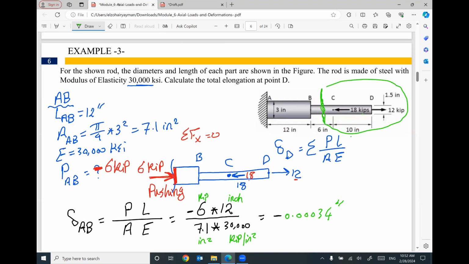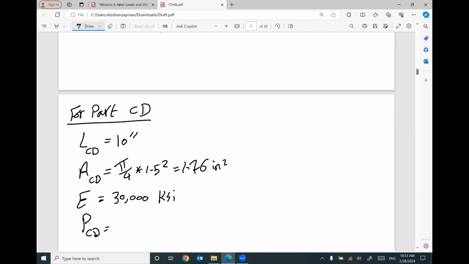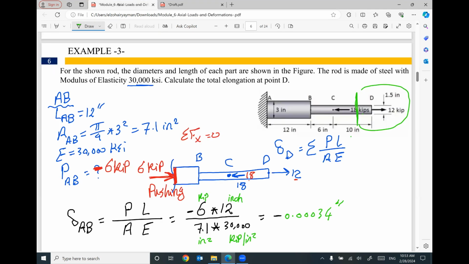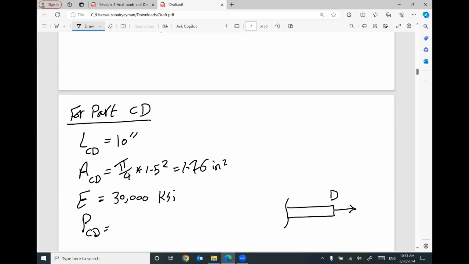Young's modulus will be the same material, so it will be 30,000 ksi. How can I figure out the force in part CD? We learned this from engineering mechanics. It's very easy. Go ahead and make a cut in part CD, and I will use the little part on my right. So if you did cut, looks like we have this part and this is your cut. At point D, we have a force here. This force equals 12 kip.